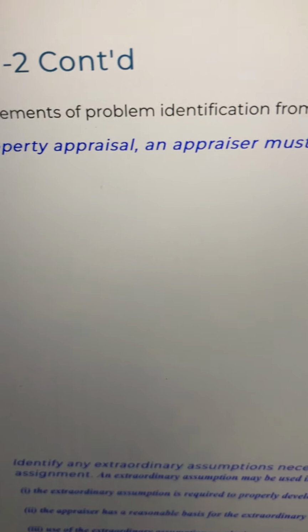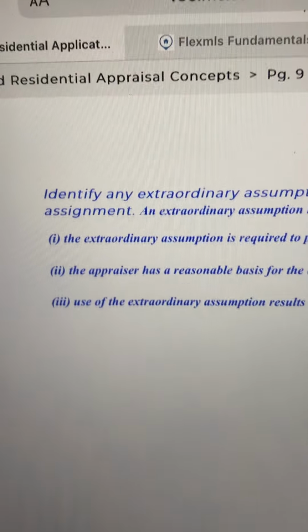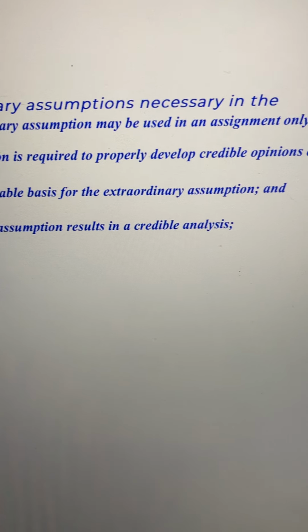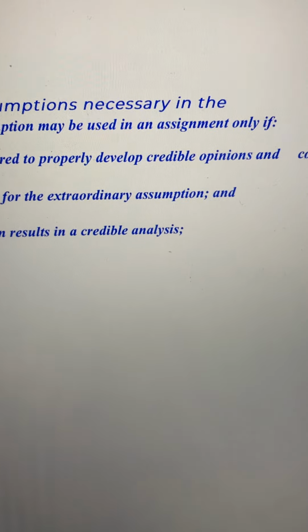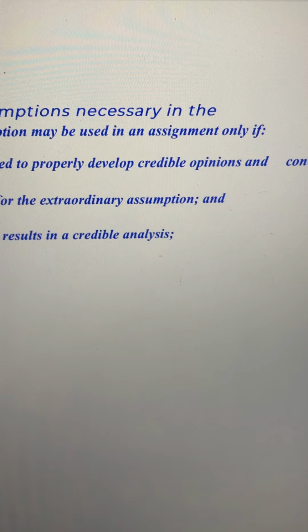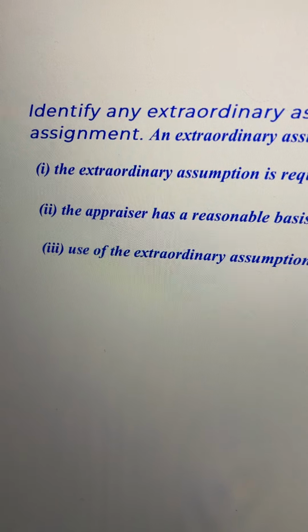In developing a real property appraisal, an appraiser must F. Identify any extraordinary assumptions necessary in the assignment. An extraordinary assumption may be used in an assignment only if: Roman numeral 1.